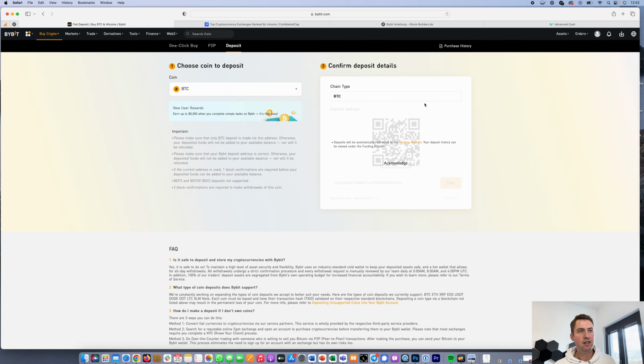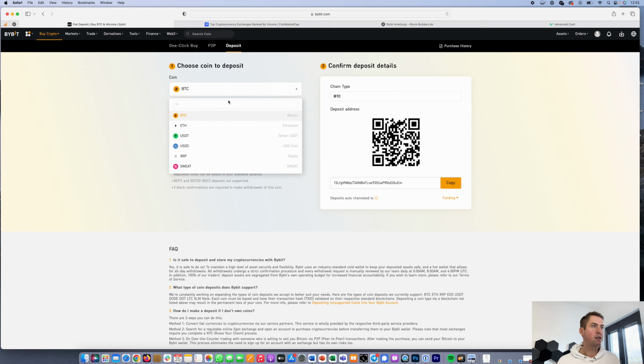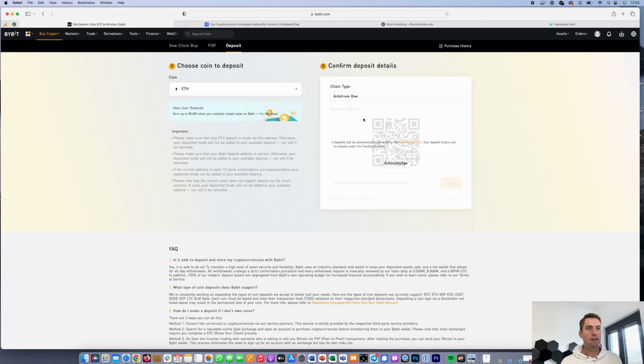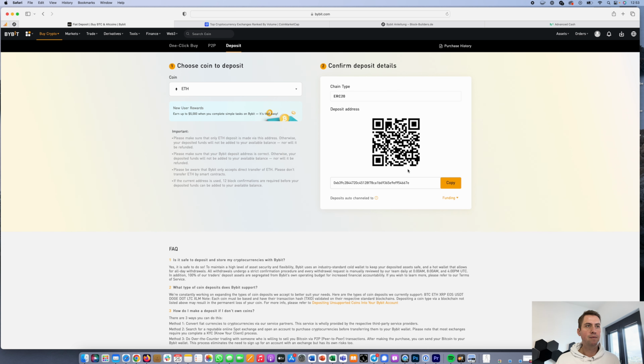For example, you can deposit Bitcoin, and then they give you an address where you can send the Bitcoins to, or you can do Ethereum and send the Ethereum to that address. That's basically it.